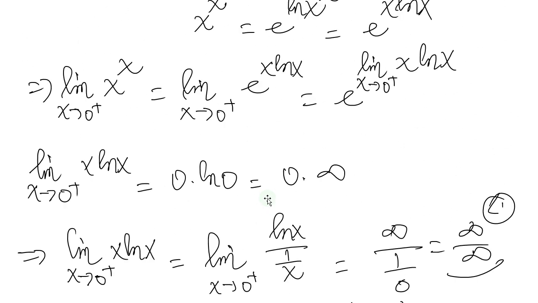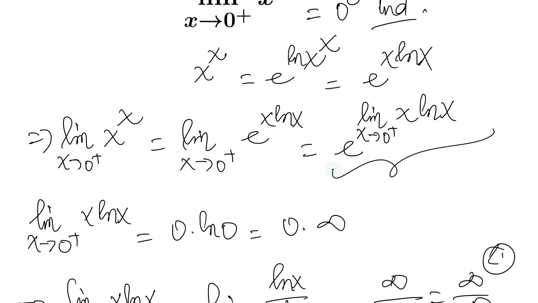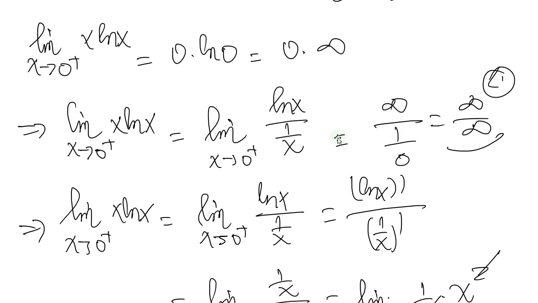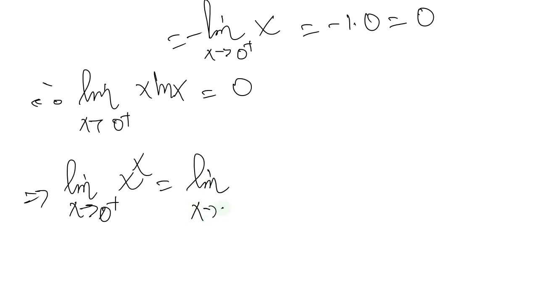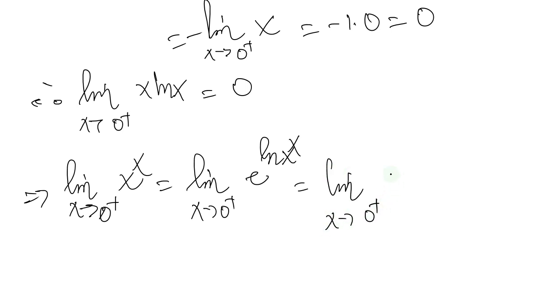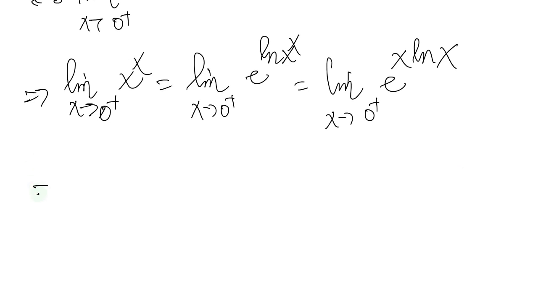But let's get back to where we started to work on this one. So we're gonna then write that the limit when x goes to 0 plus of x to the x equals the limit, this is what we said, right, 0 plus, this is e to the ln of x to the x, and then this became the limit as x goes to 0 plus, and this became e to the, okay, we can write this one here. I'm just talking too much instead of writing.